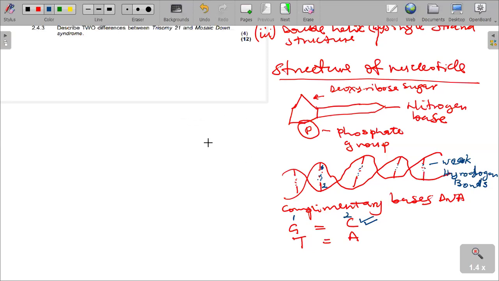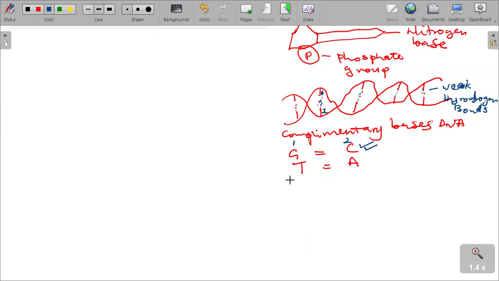And then the nucleotides form this. One other thing is that the DNA strands are formed by what? By phosphate sugar molecules. The phosphate and sugar molecules form the DNA strands.